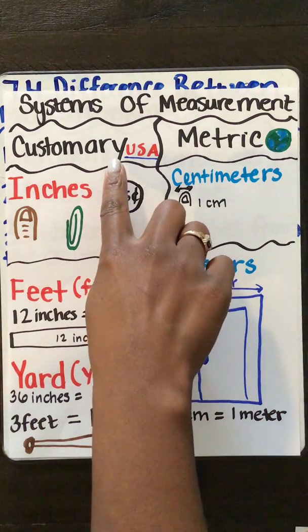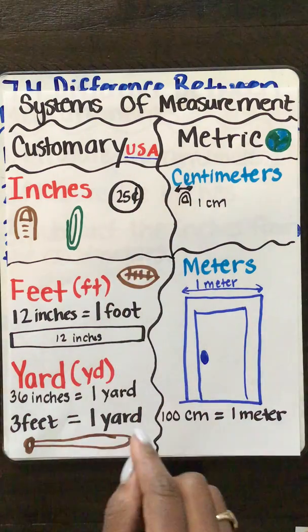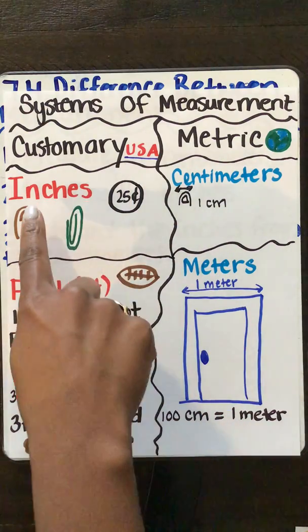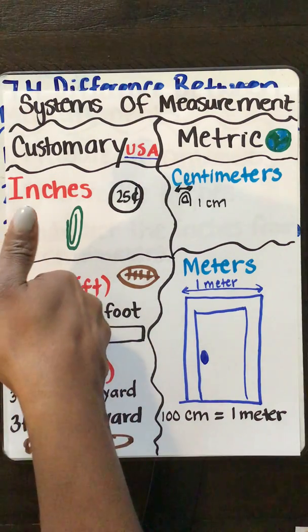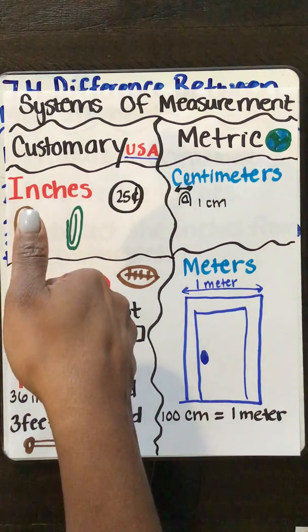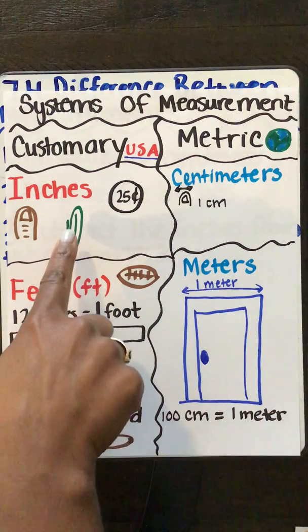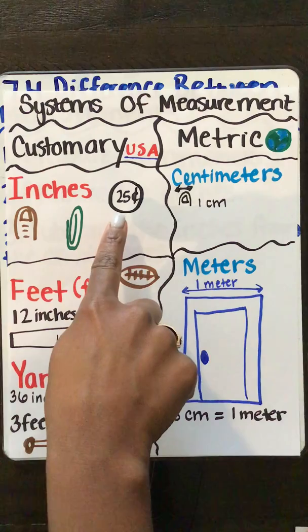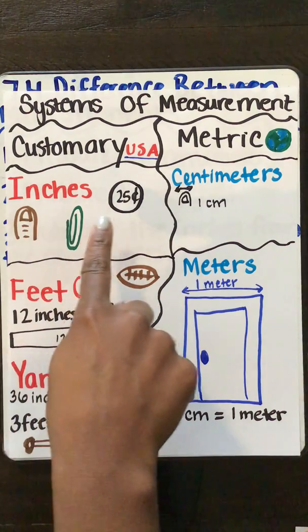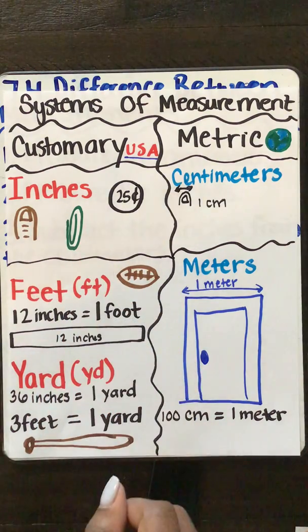In the customary system of measurement, we have inches. We've all learned about inches, and an inch is about the length of your thumb to your knuckle, the length of a paper clip, or the length of a quarter. That's about how long an inch is.